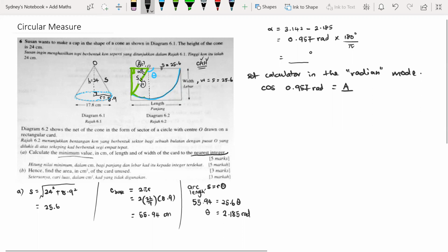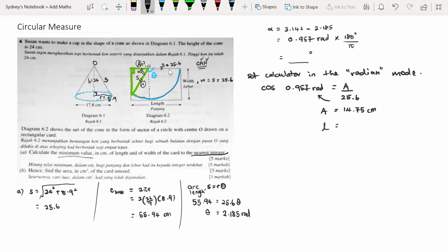Hypotenuse in this case has the same value as the radius of this sector in diagram 6.2, which is 25.6. So over 25.6. All right, so rearrange so that we can find our A. So the A value will be 14.75 cm.